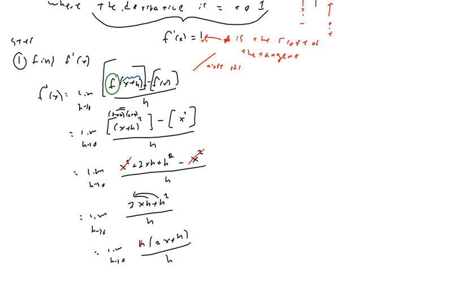So I have the limit as h approaches 0 of 2x plus h, and this h is going to become a 0, so I just have 2x. So f prime of x is 2x. That's my formula, that's the equation of my derivative.